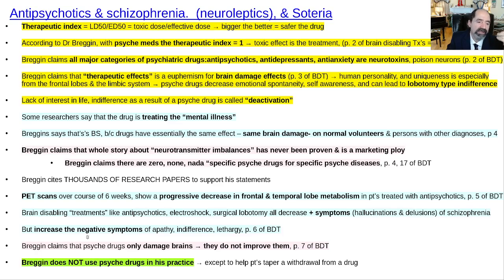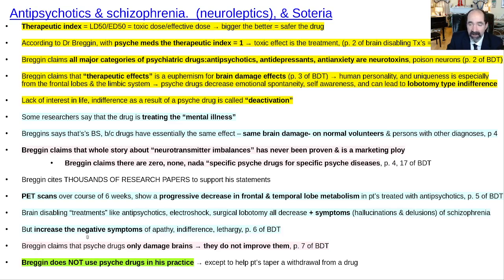And he says, oh yeah, these positive symptoms, hallucinations and delusions, will be decreased by these brain-disabling treatments: antipsychotics, electroshock, surgical lobotomy. However, you get worsening of the so-called negative symptoms like apathy, indifference, lethargy. The person just sits around, they don't care about anything. They kind of become zombie-like.